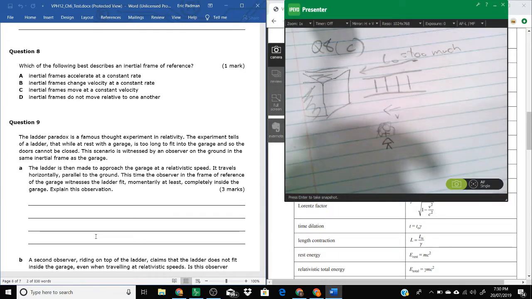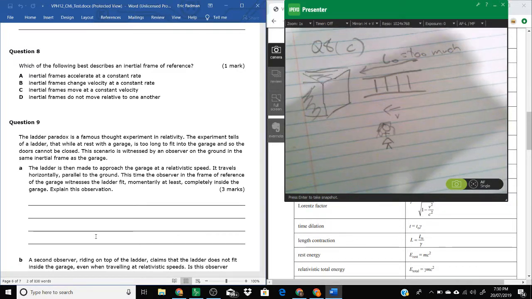To explain part A, the observer in the frame of reference of the garage will see the length of the ladder contracted by the Lorentz factor. The contraction is great enough for the ladder to fit inside the garage. This is not a practical application because it would only be inside the garage for a fraction of a second and then would break through the back of the garage.